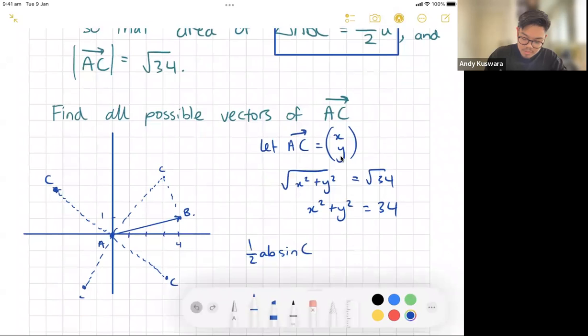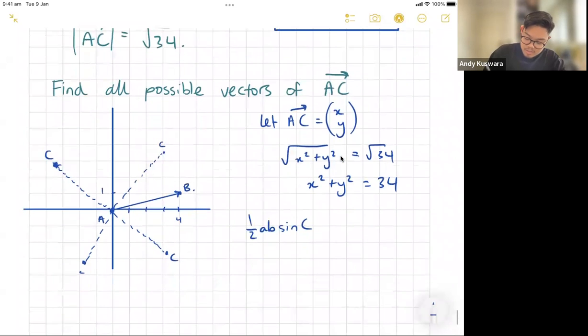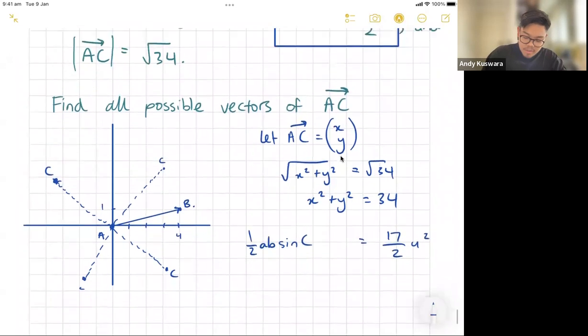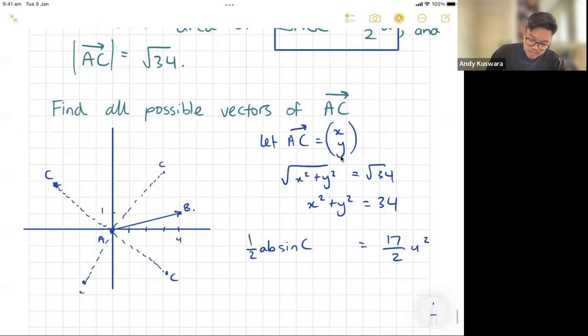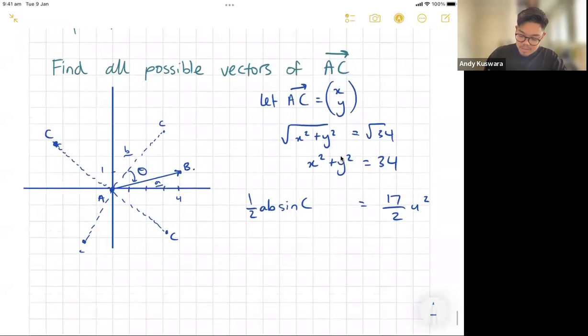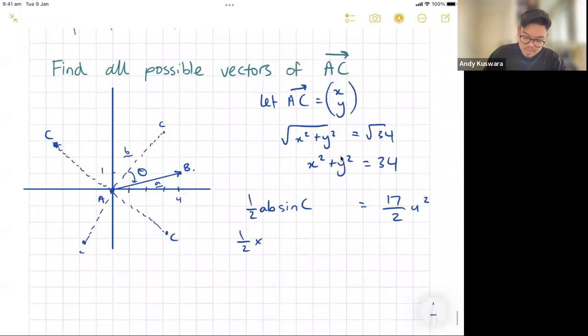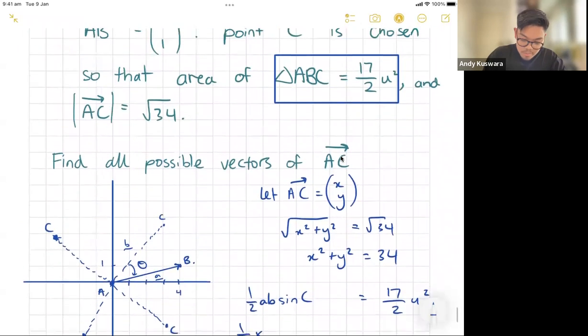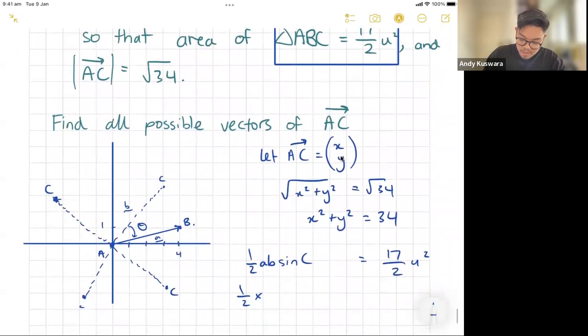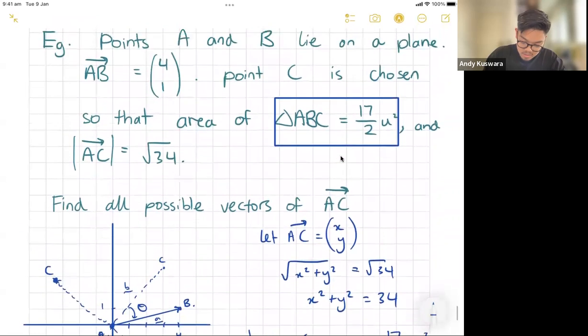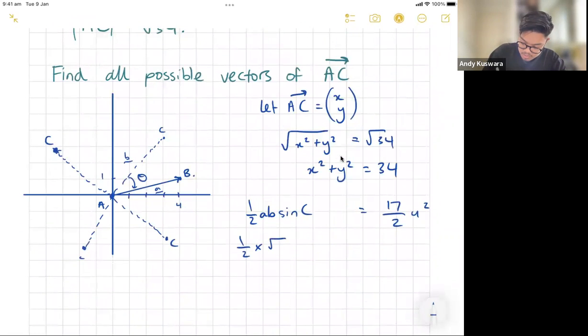So I'm going to use this one for sure because I know I can find, here, let's write it this way. This is going to be 17 on 2 units squared. And I know that length A, I can call that, I guess, A, and I can call that length B, and that would be the angle in between. So let's try this. Half times the magnitude of A, and we know the magnitude of A we found before was, oh no, root 17.